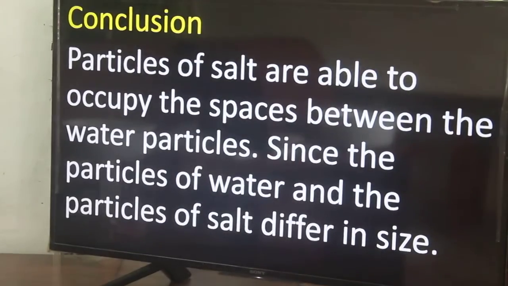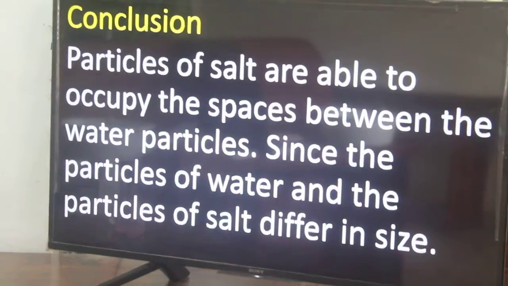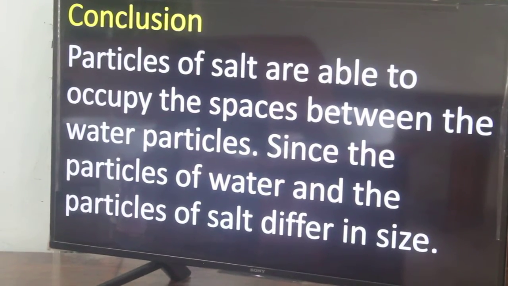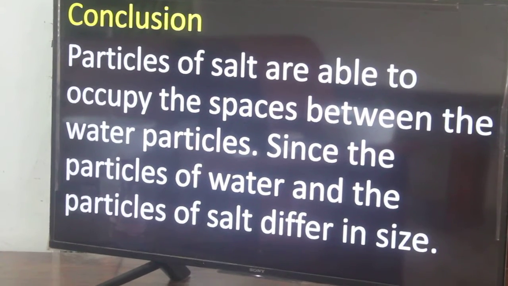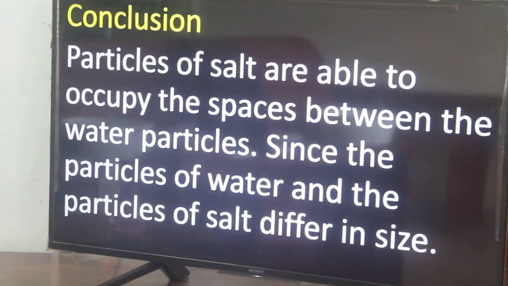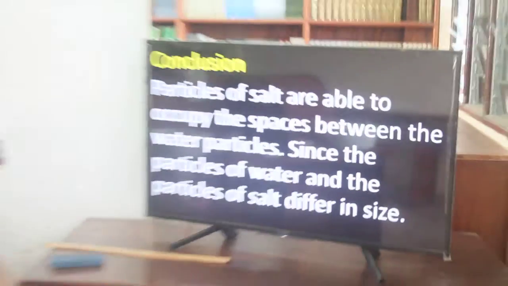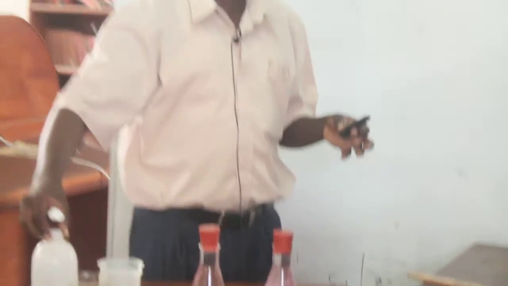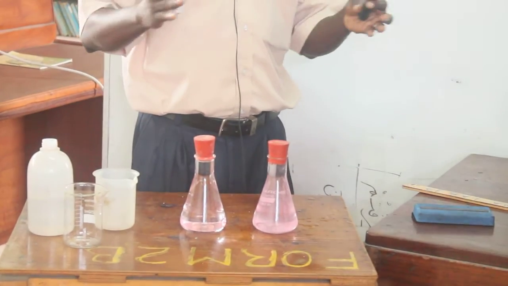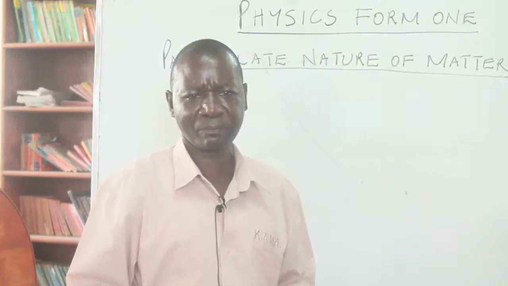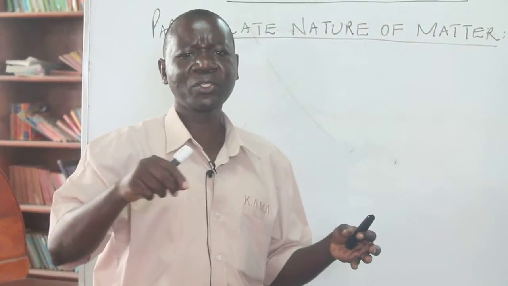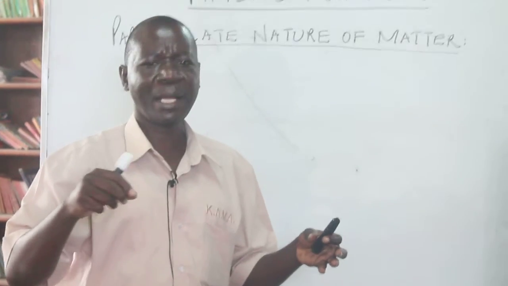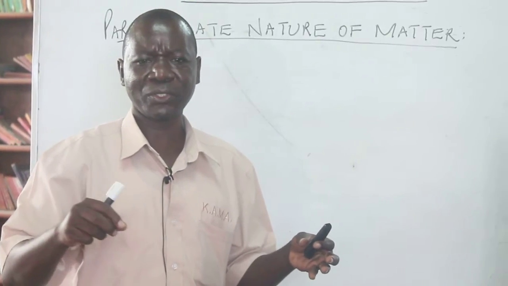And from this we can conclude that the particles of salt are able to occupy the spaces between the water particles. Actually, water particles have some spaces in between them. So the salt particles occupy those spaces between the water particles.